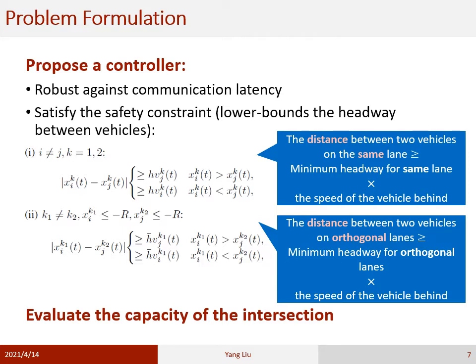For the vehicles on two orthogonal lanes, the distance between two vehicles has to be larger than the minimum headway for the orthogonal lanes times the speed of the vehicle behind, which represents the safe distance of orthogonal lanes. And then we evaluate the capacity of the intersection.